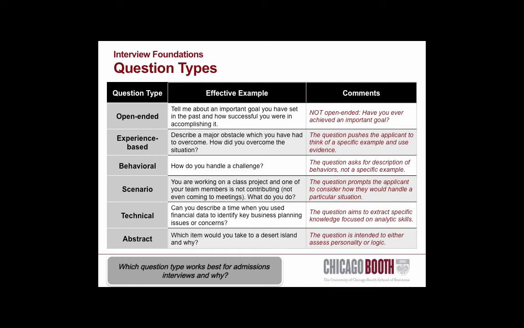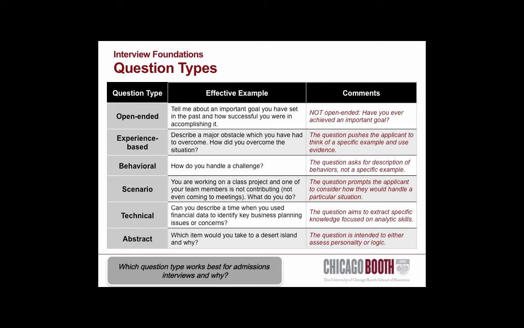The next question is a scenario. In many ways, this is almost like a mini case. It's a question that gives an applicant a situation and asks them to forecast or project or describe how they would handle that particular situation. So one example of that could be, you're working on a class project and one of the team members isn't contributing, not even coming to the meetings.